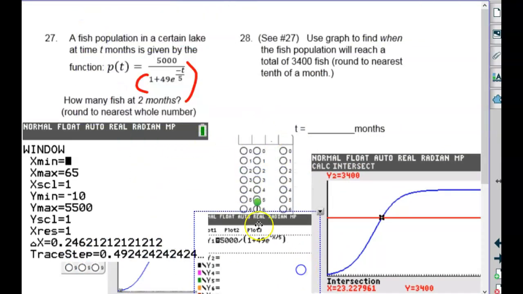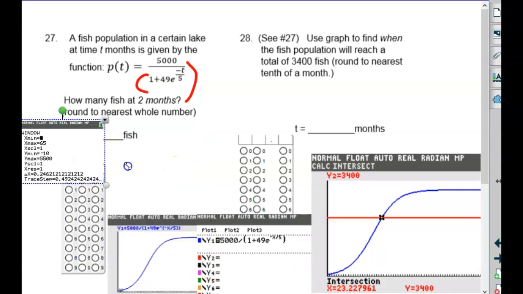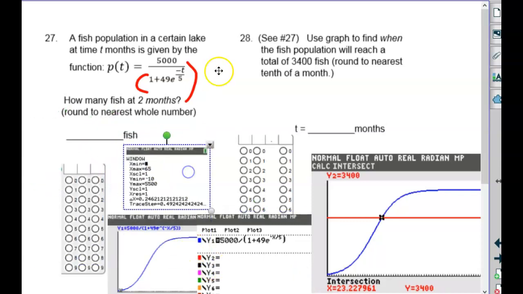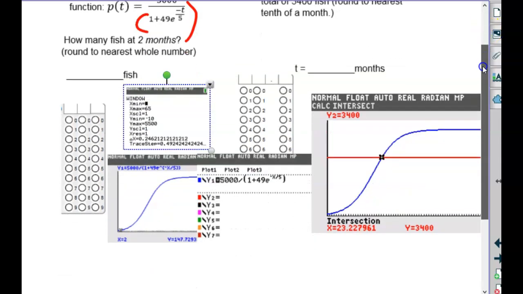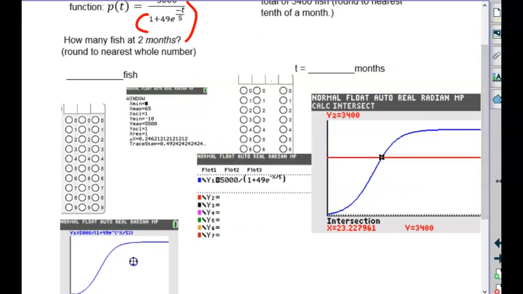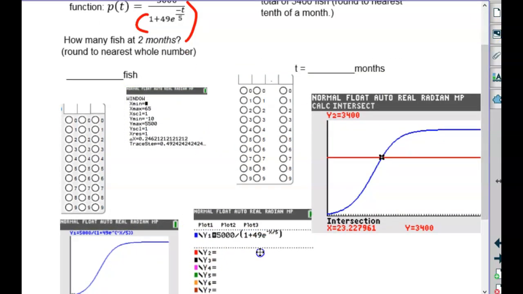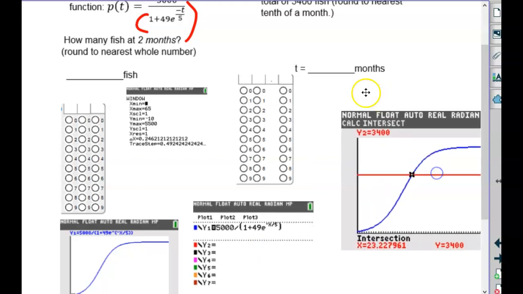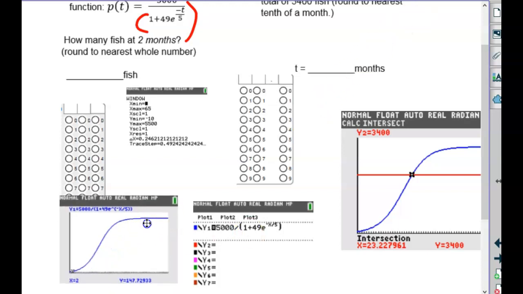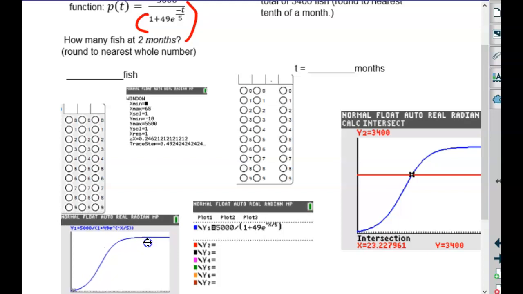All right. So I'm going to put all these down here at the bottom, so you can see what I typed in, what the graph looked like, all that good stuff. But this one was 147.7 or 148 fish, because it says round to the nearest whole number. 148.